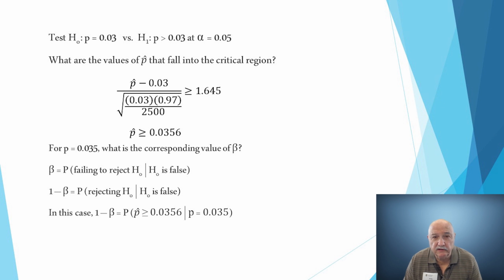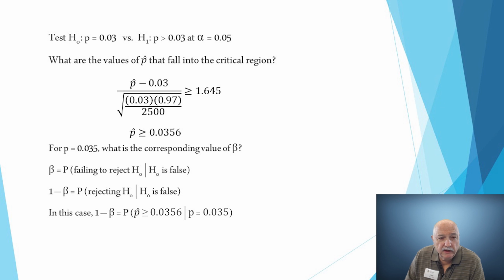Typically, in the elementary textbooks, you see alpha set at either 0.01, 0.05, or 0.10. Those are the three favorites. Typically, the one that is favored the most is alpha equal to 0.05. So let's follow that route.